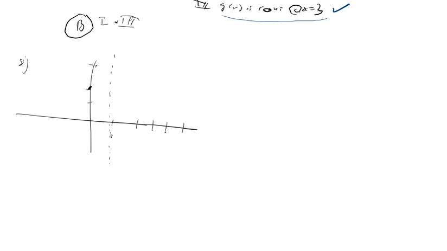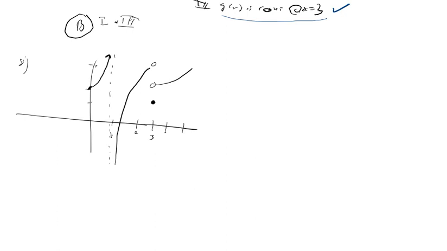Kind of goes up like this. At 3, it looks like it goes kind of like this, touching 3, and then starts again down here and goes up, and then this has a dot right there, 2 and 3.